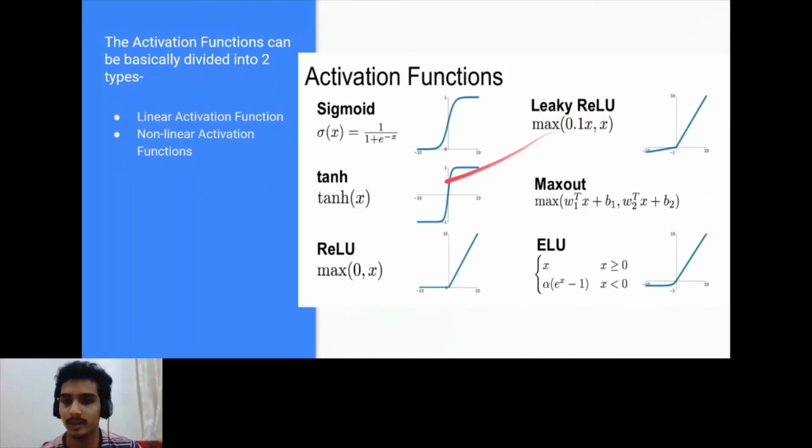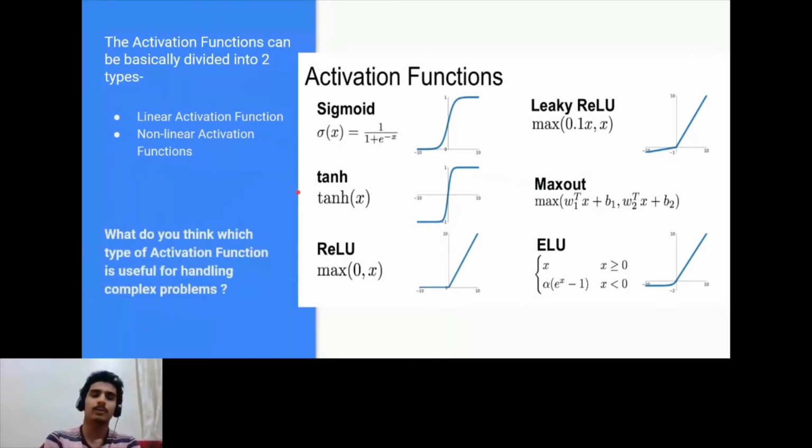Then we have leaky ReLU, hyperbolic tan h, ReLU, and so many more functions. But here's an important question. Why are there linear and non-linear activation functions? And how would we know where to use which function? Because there are so many functions, which one and where should we use?